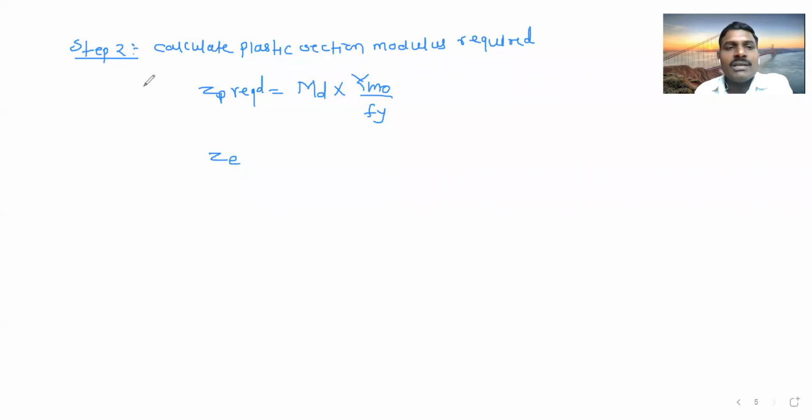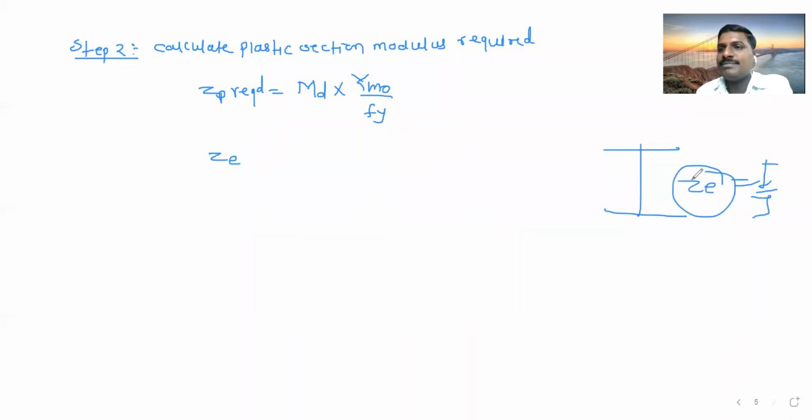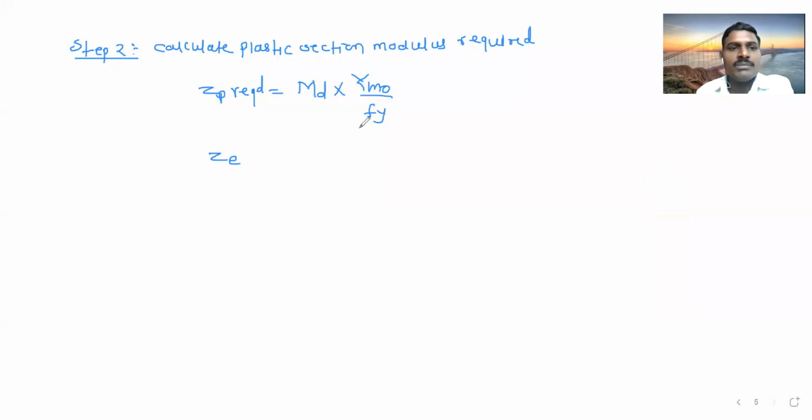At the time of collapse we can calculate ZP, but for a given section we can calculate the ZE value as I by Y. So from ZP we can calculate the ZE value. So ZE required is equal to ZP required divided by shape factor.